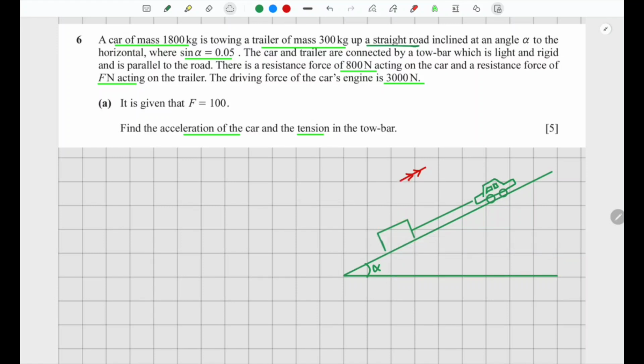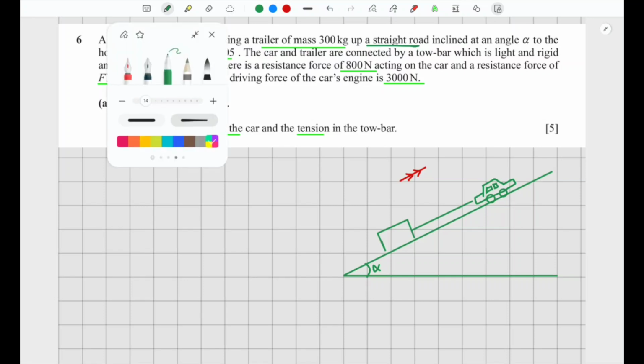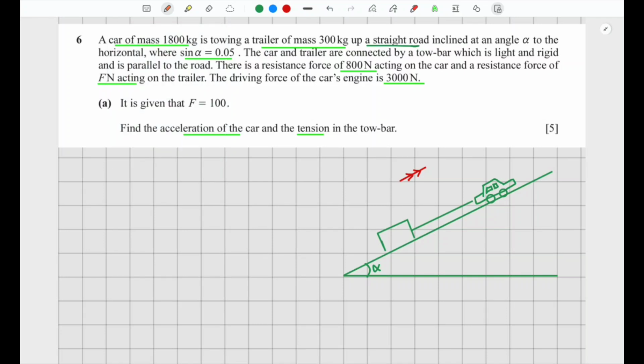Now what are the forces given? Let's note down the forces over it. Firstly, the weight of the car would be 1800 g, and the weight of the trailer is 300 g.